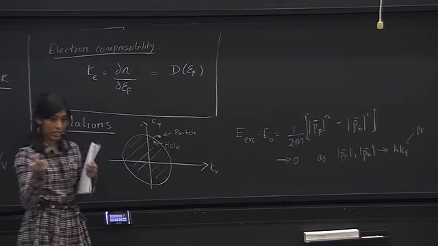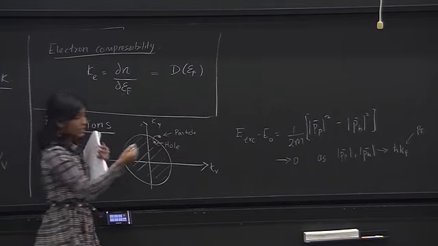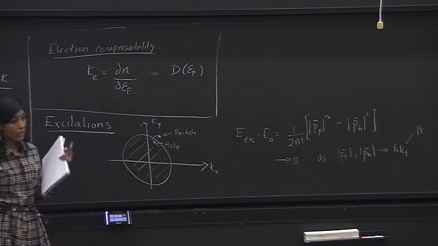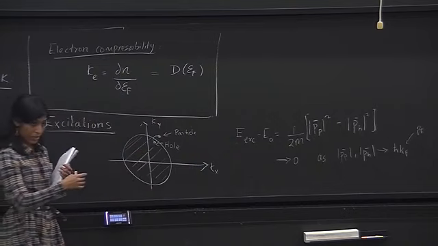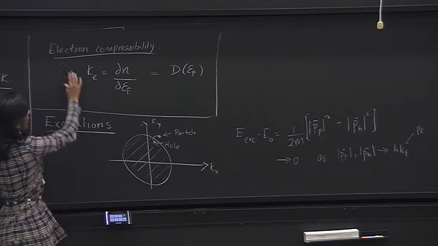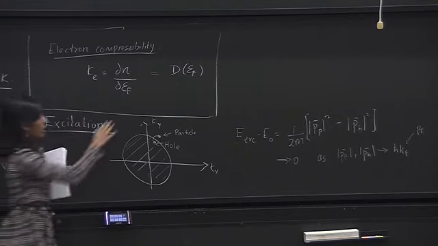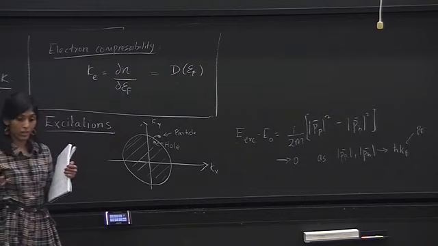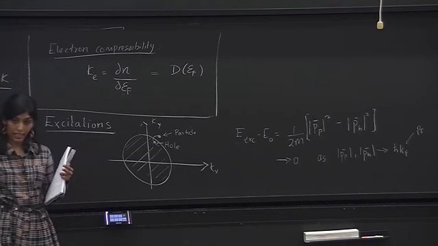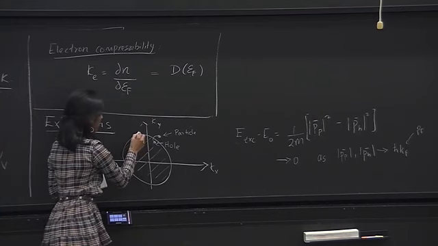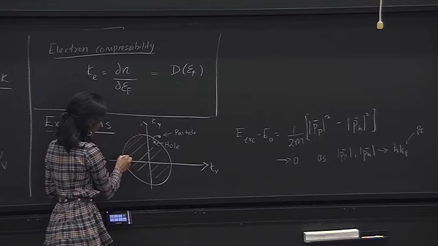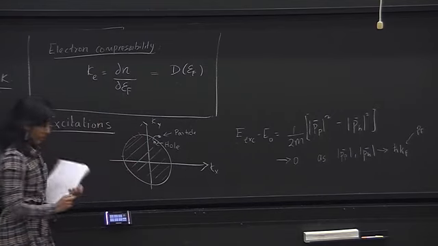It costs very little energy above the ground state. So these are the excitations that one would call low-lying excitations. They cost very little energy. And a quantity like compressibility, by measuring the density of states, is roughly measuring how many low-lying excitations are possible, which all look like this, just wiggling around the Fermi surface.